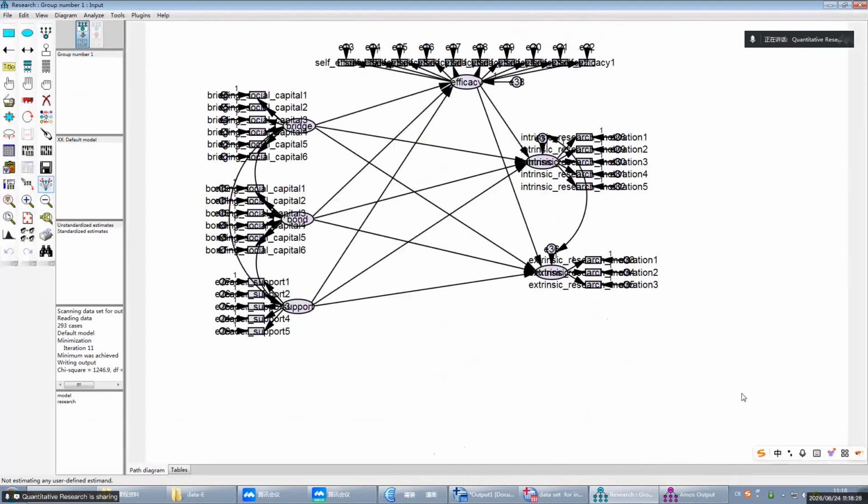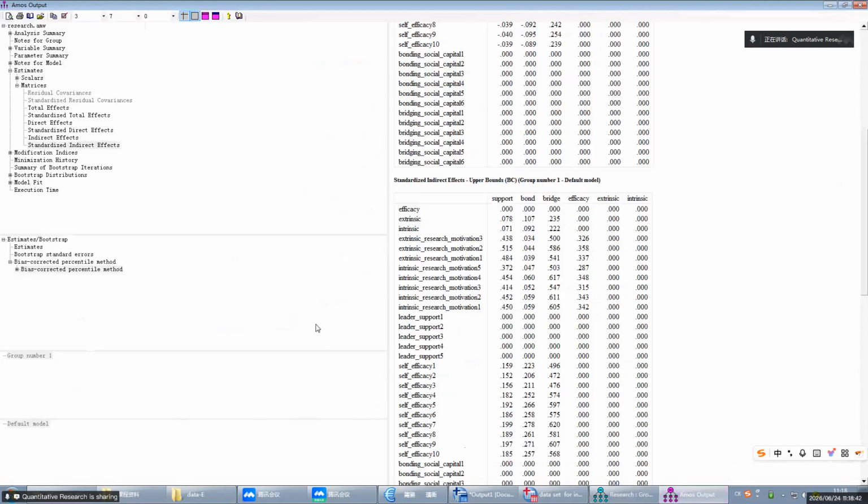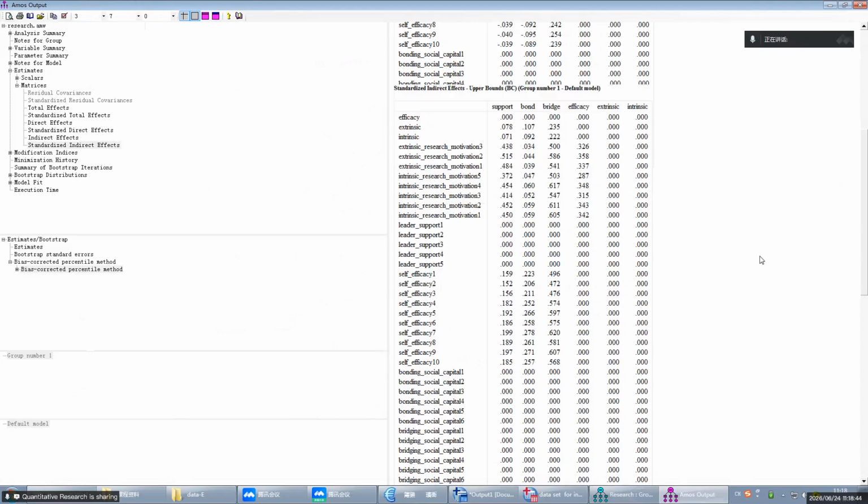Let's go back. So what does it mean? It means bridge to efficacy to intrinsic, this mediation path is significant, right? Why?